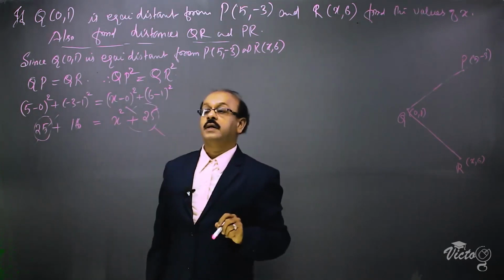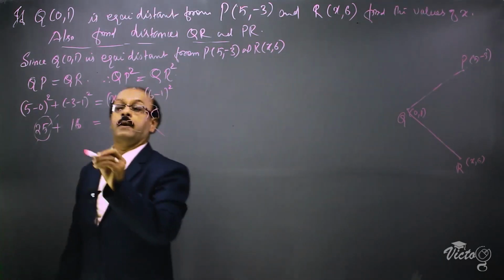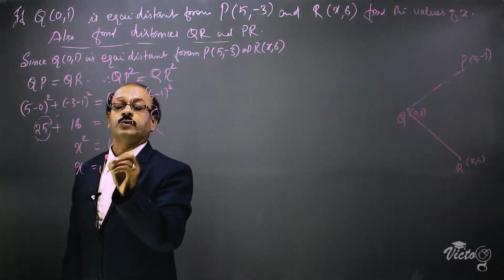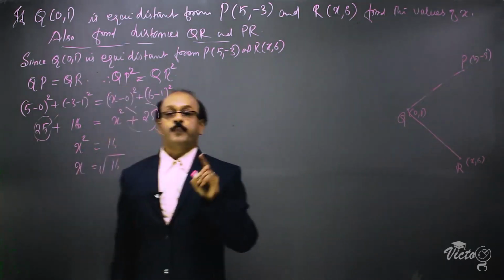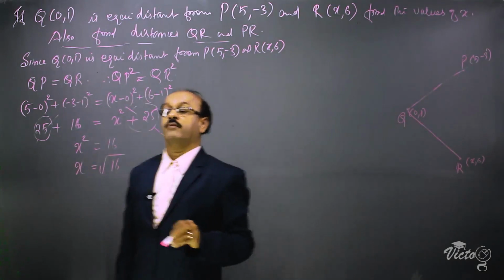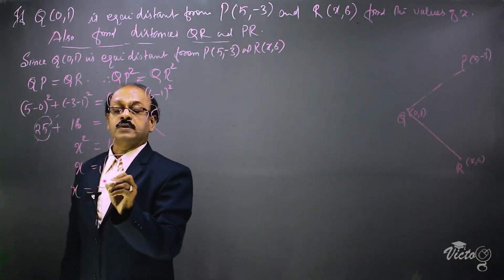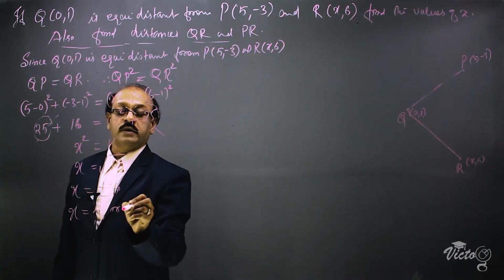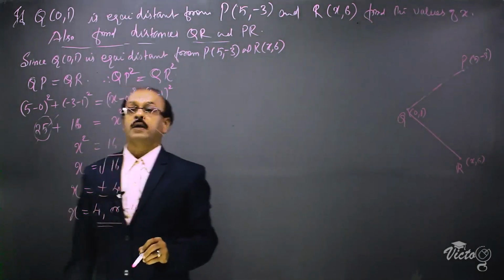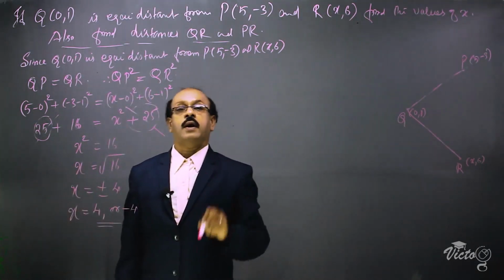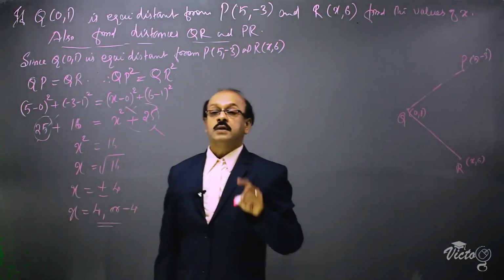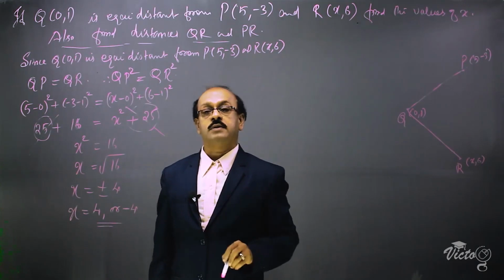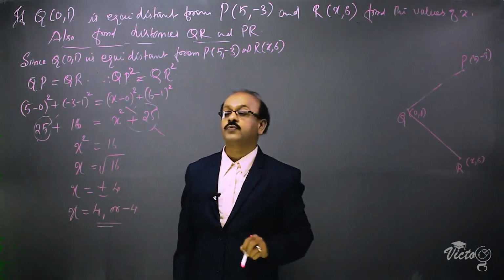The remaining result is x squared equals 16, so x equals plus or minus 4. We get two values for x, 4 and -4, because the square of 4 is 16 and the square of -4 is also 16.